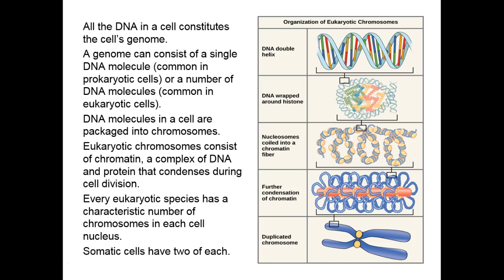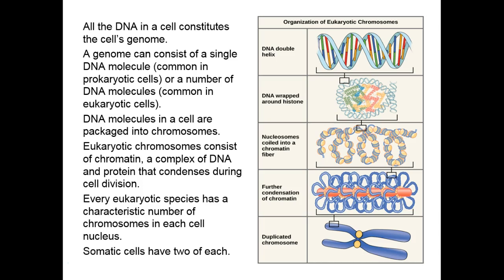In the eukaryotic cell, chromosomes spend most of their time consisting of chromatin, this fibrous material wrapped around histones, just in the nucleus itself. When the cell is ready to divide, that chromatin is going to condense.